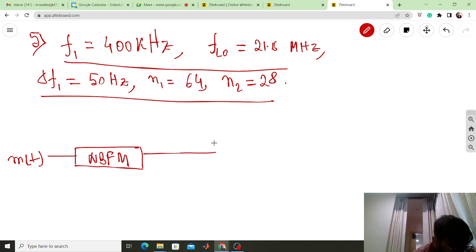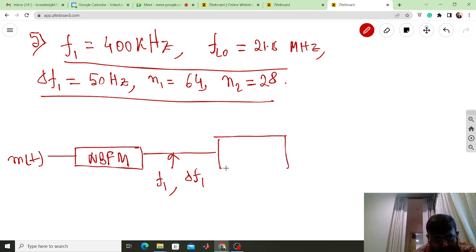After that, there is a mixer of F1, as in the Armstrong FM, and then there is a frequency multiplier by N1 times.